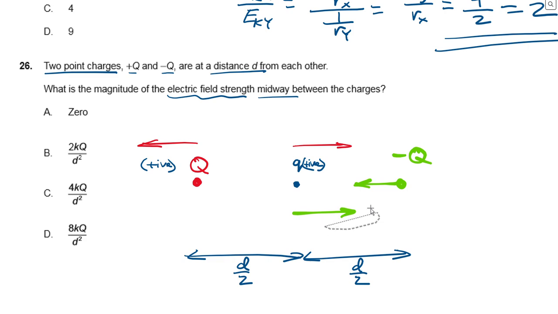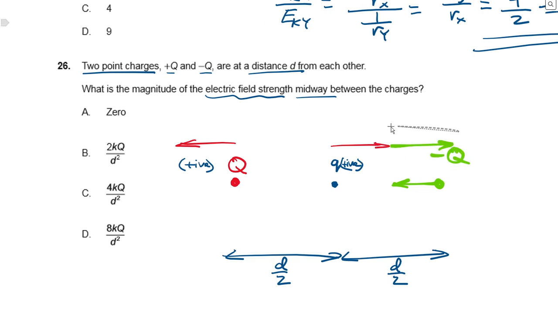So we have to sum both of these up. You can instinctively tell that it's going to be an increase, so it can't be 0.